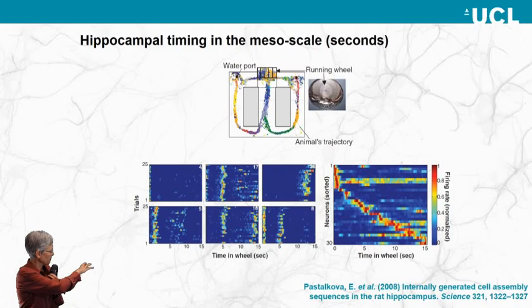You can see some examples on the bottom left there. Each row in that block is showing the period of time and the firing rate. So it's a heat plot of firing rate, and you can see for a given cell, which is one of those panels, the firing rate increases at a specific time within that time interval, and it's a different time for each cell, and it's very specific.